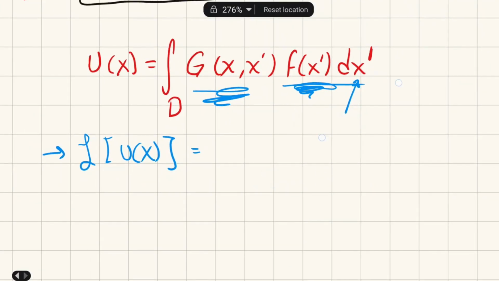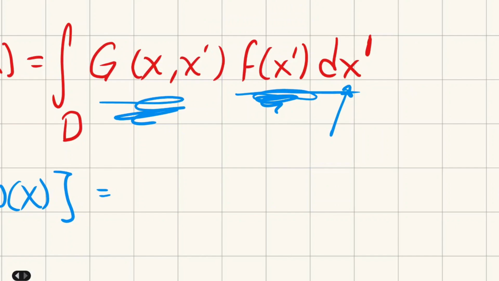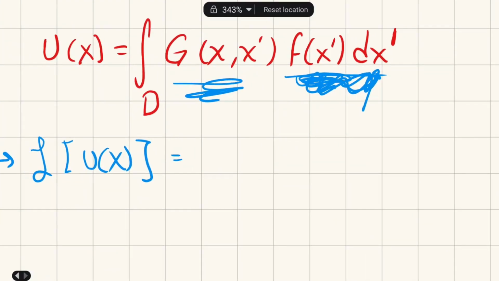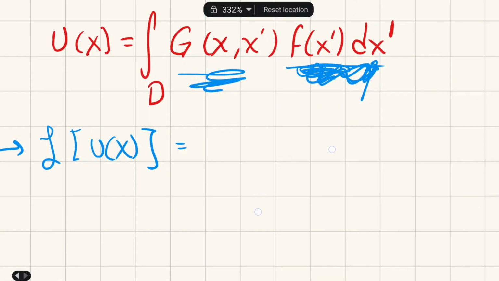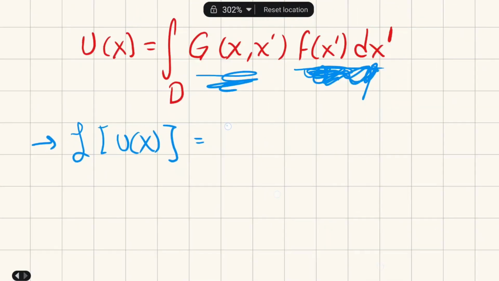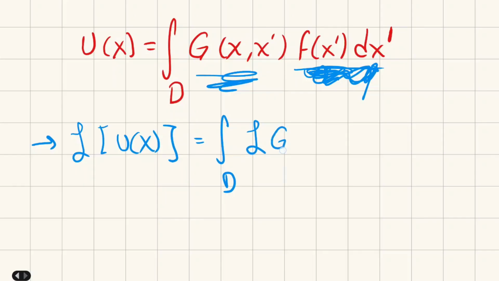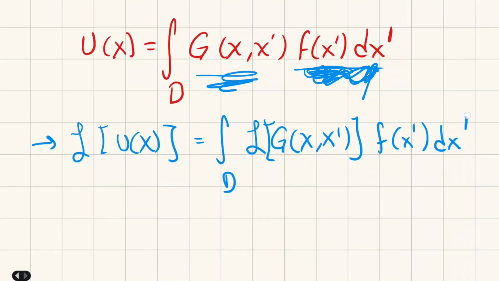So in terms of the linear operator L, these two things that I have here are constants, and we can take the operator inside the integral without any problem. So this will be equal to the integral over D of L applied only to the Green function, and then we have f of x prime dx prime.